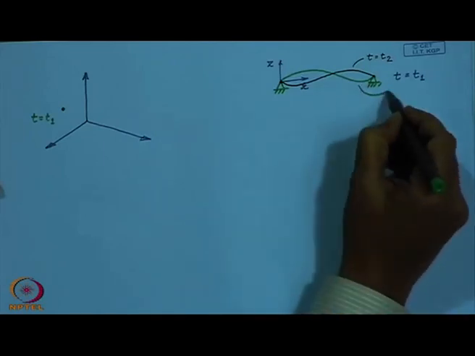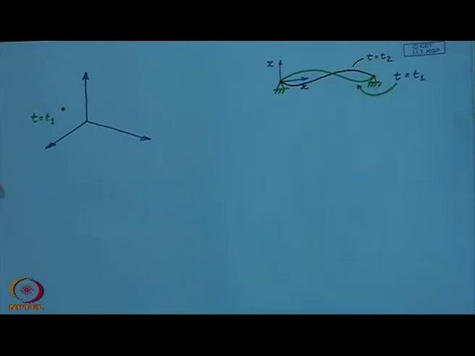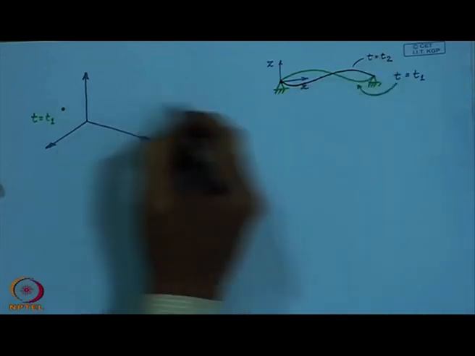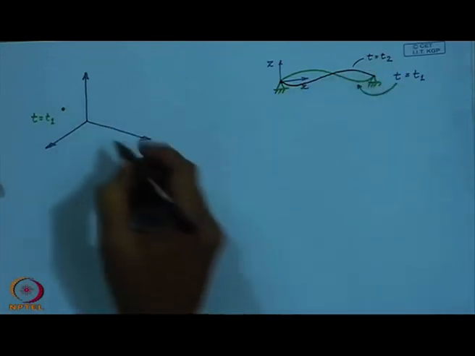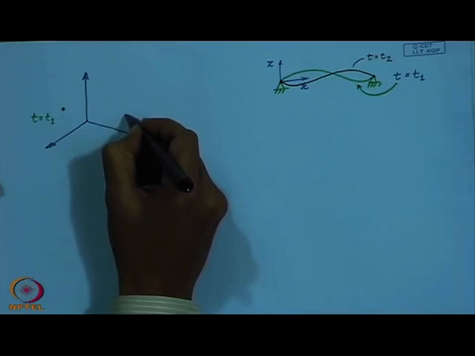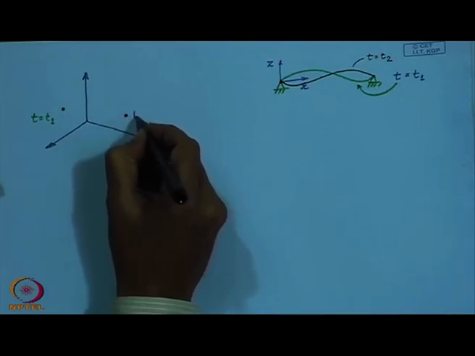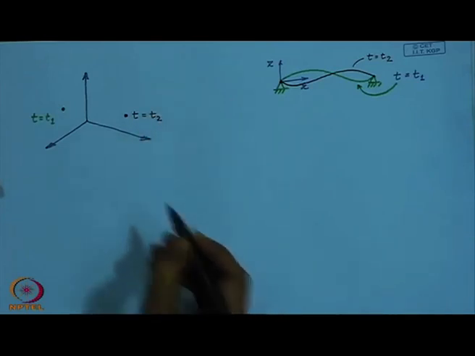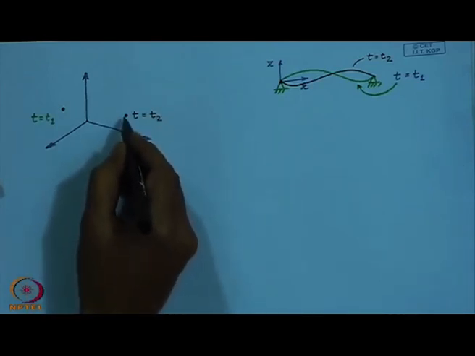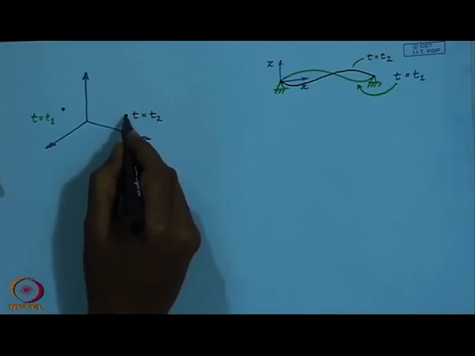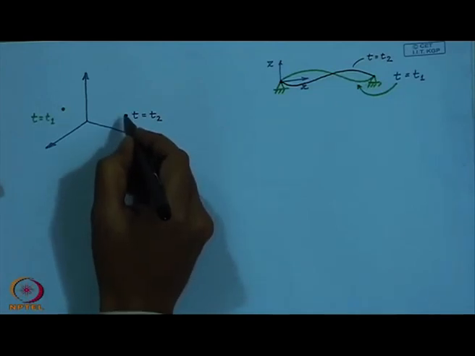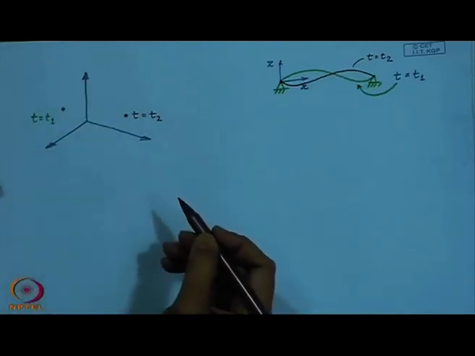So, this was the configuration at time t equal to t1, and the black configuration is the configuration of the string at time t equal to t2. At time t equal to t2 I open my eyes and observe the configuration of the string to be this, which is another point in the configuration space of the string.